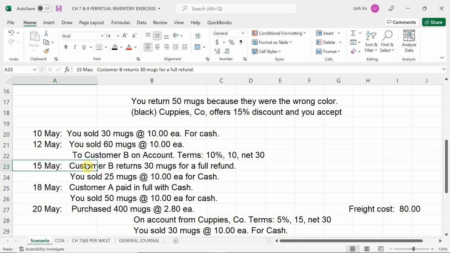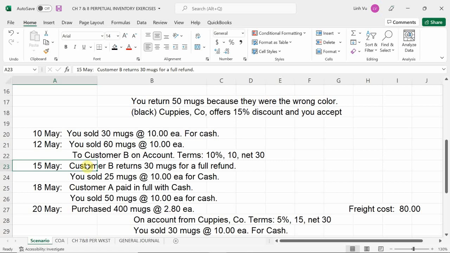So we need to adjust the account receivable, which is the total amount that he owes me, because he still has time to make a payment on it. But he came to the store and said, no, I want to return 30 of my mugs. We don't know. Maybe he overbought too many. He didn't use them, or maybe he did use them, and now he's bringing it back because this is too much.